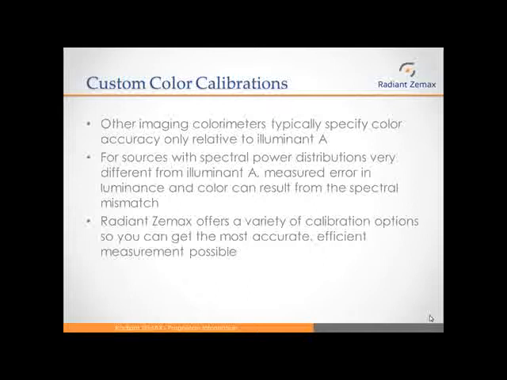Because when we calibrate for illuminant A, we're calibrating for that specific spectrum. And so if your DUT has a very different spectrum, it would be ideal to calibrate for that specifically. And that's why we have all these different calibration options, so that you can have a custom calibration and get the very best accuracy.